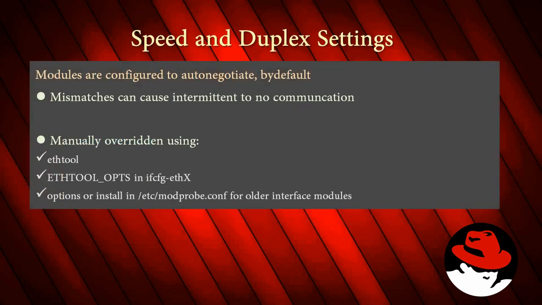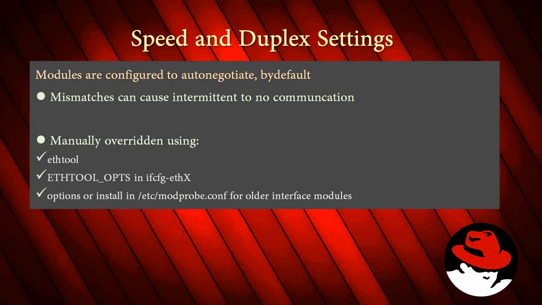We can go to speed and duplex settings. The network cards can negotiate speed and duplex settings with the hub or switch that they are attached to. The auto negotiation allows the network card and upstream hub or switch to transparently select the optimal setting.